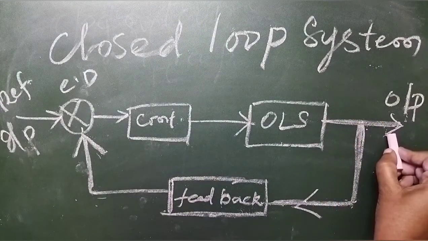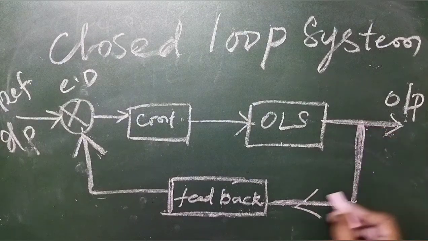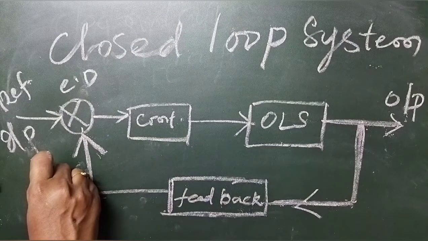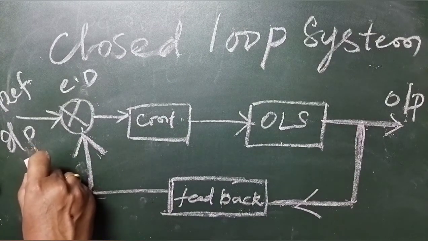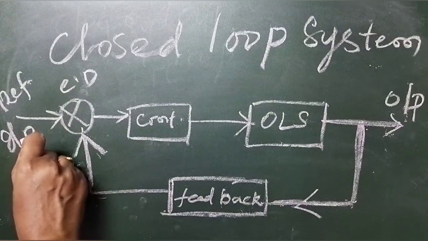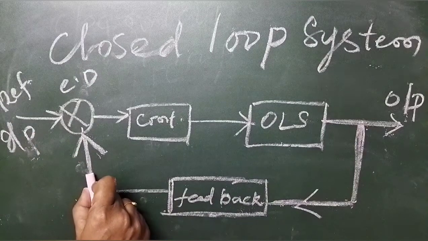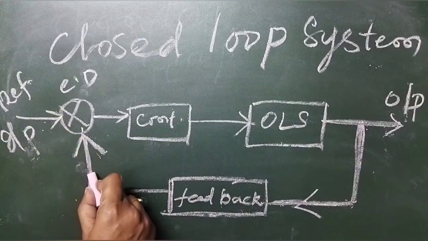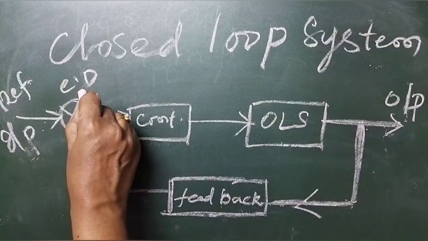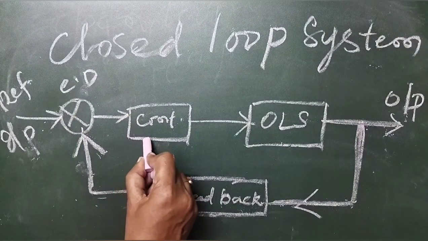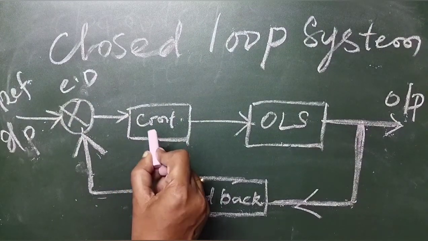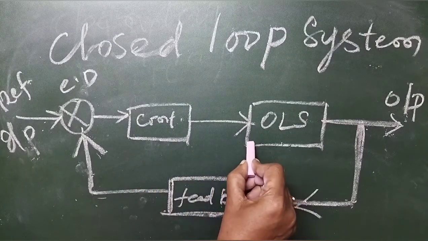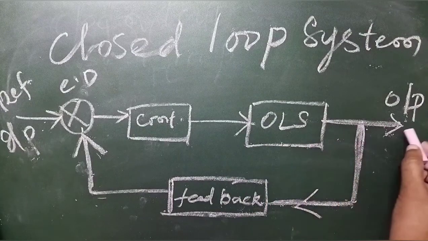Now what happens is, because of the feedback path, this feedback path would try to transform the output signal to the same format as the reference input, so that the reference input and the signal coming here are compared, and whatever error is sensed between these two signals is obtained by the error detector here, and that is fed to the controller. What this controller does is, it modifies the signal, then gives it to an open loop system so that you get your desired output.